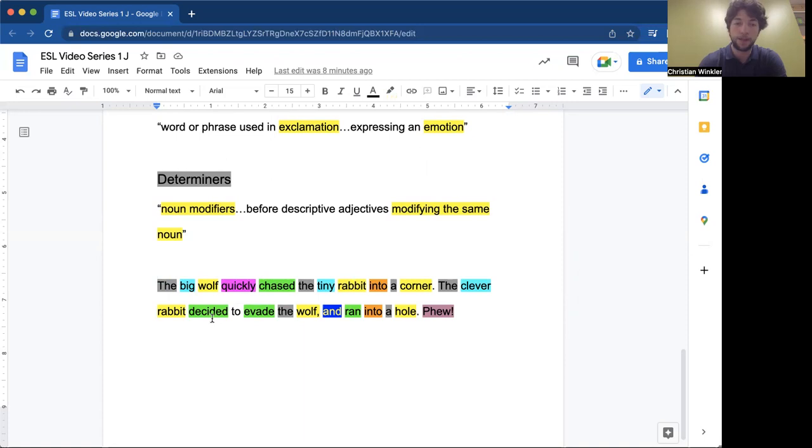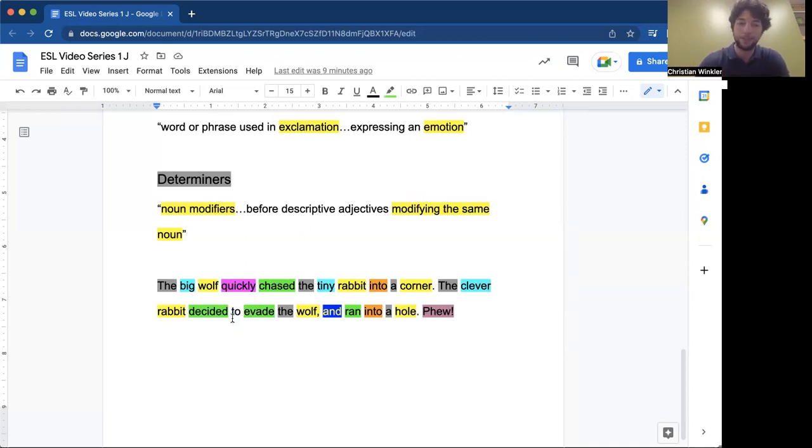We have decided to evade. Now you'll notice the only word that's not highlighted right here is the word to, and that is because it's technically part of this structure, which is just the unconjugated infinitive form of the verb, to evade. But since they're two separate words, I just didn't highlight it.